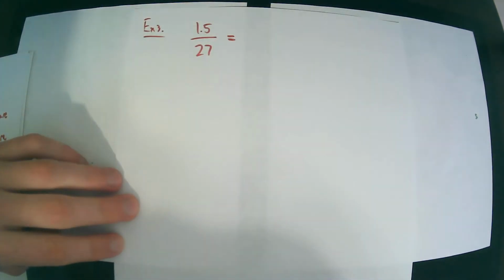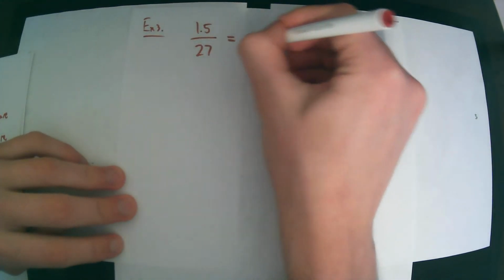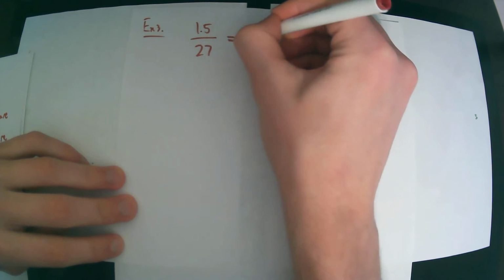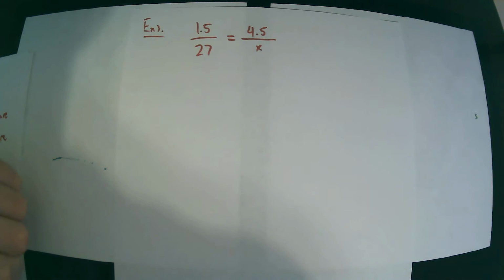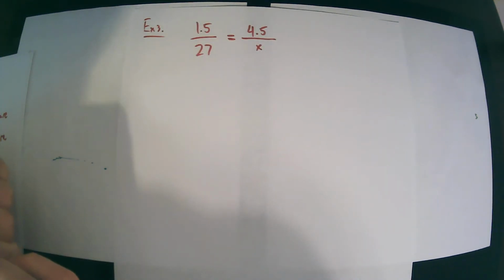And it's the same as, which means equals, the ratio of 4.5 to some unknown. That's how you set that problem up. It's a proportion. They're describing a proportion in words. You just have to figure out where the numbers go.